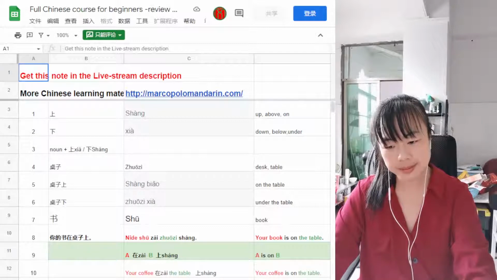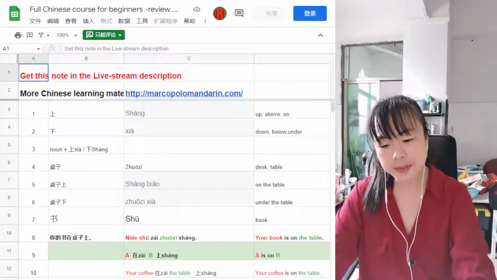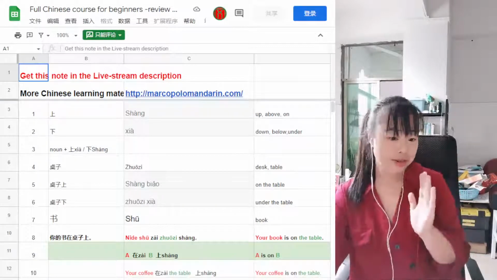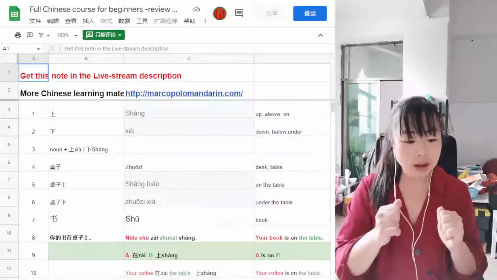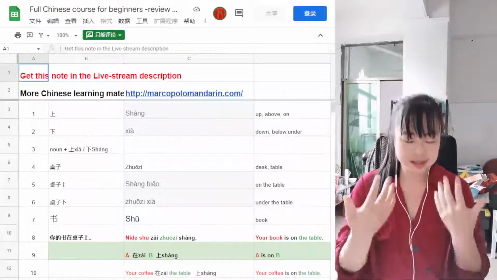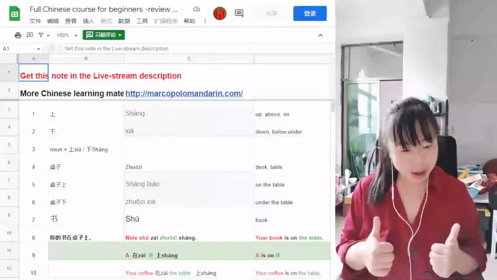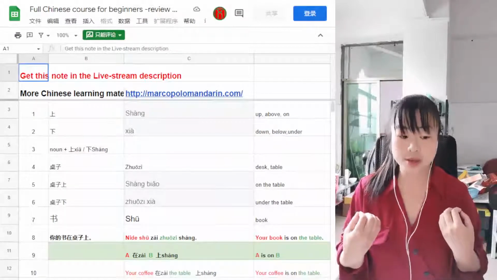A and B. Okay, so A 在 B 外, for single words of 外. And A 在 B 的外边. These two patterns are exactly the same. Okay. So now let's practice them with words we know.